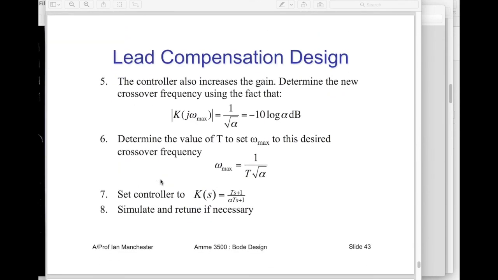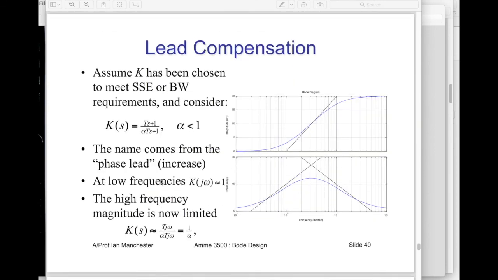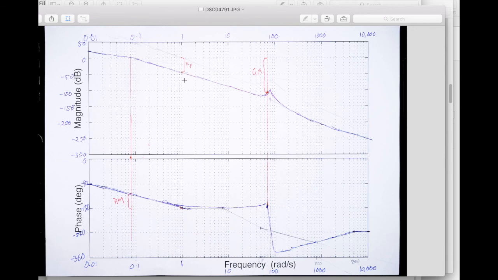Then we have to take into account this thing that we mentioned before, that not only are we boosting the phase, but we're also boosting the gain. And what does that mean? We've put in a KP to put the crossover frequency here. Actually, the crossover frequency is going to be a little bit higher because not only does the KP boost the gain, but the lead compensator boosts the gain a little bit as well.